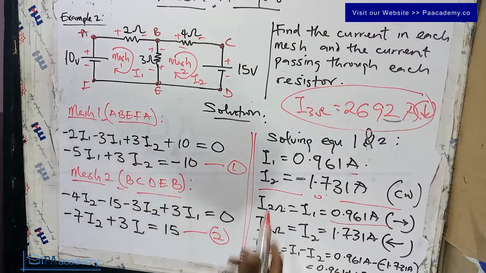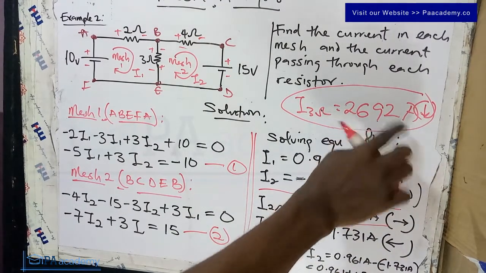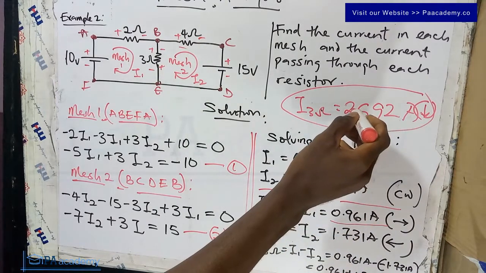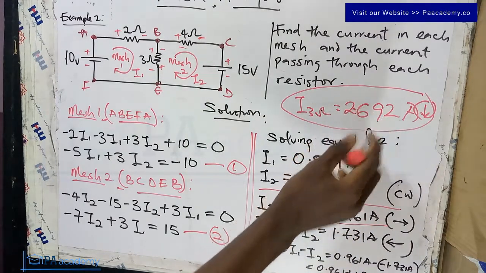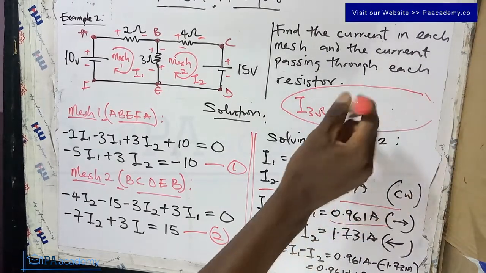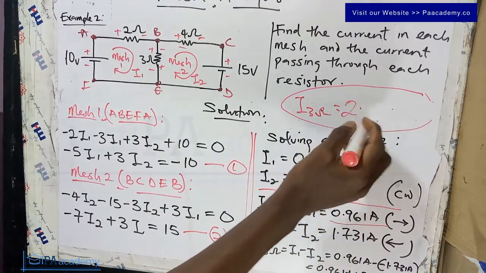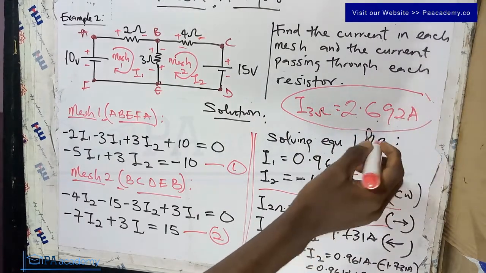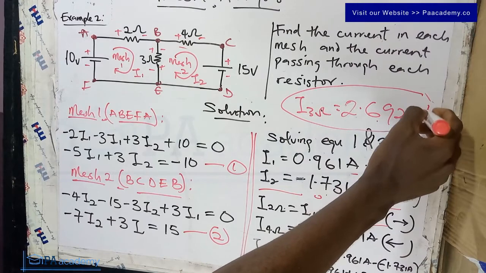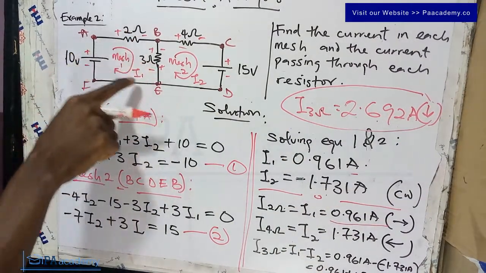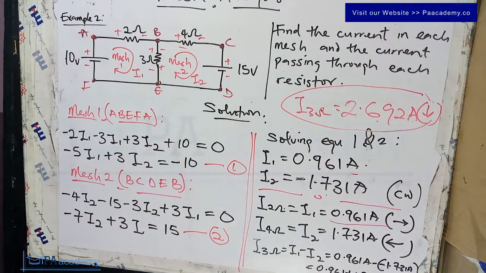For the 3 ohm resistor, let me write this properly, we've gotten 2.692 amperes, and the direction is downward. That is because the current from I1 is more than that of I2.